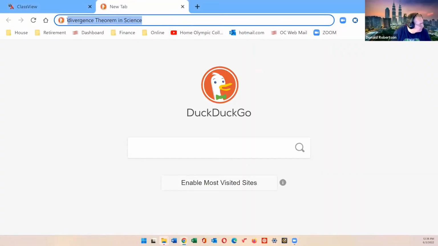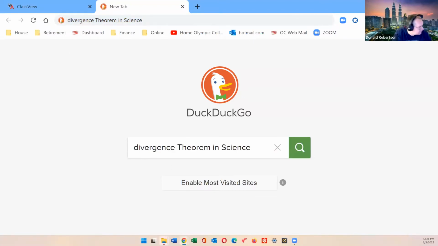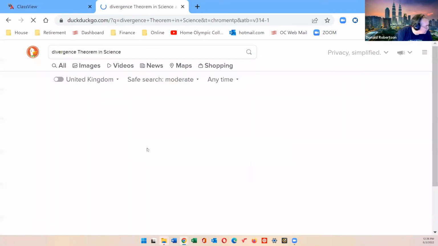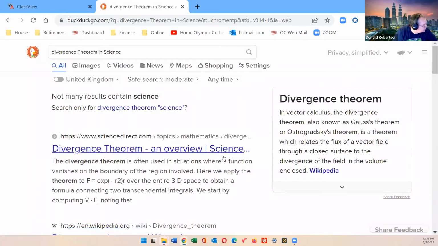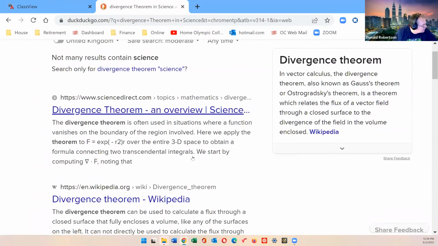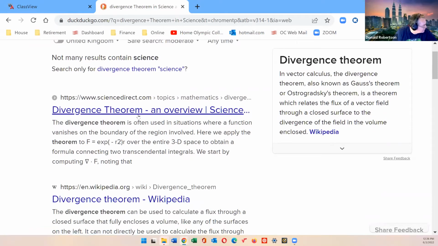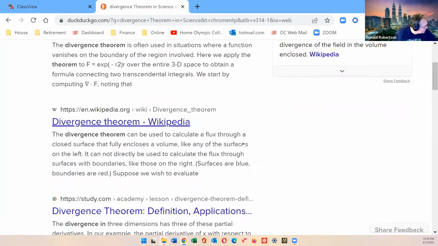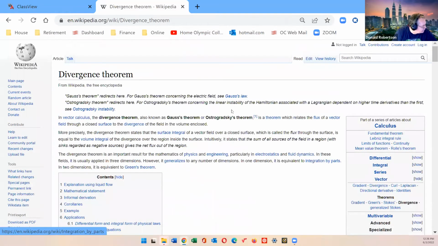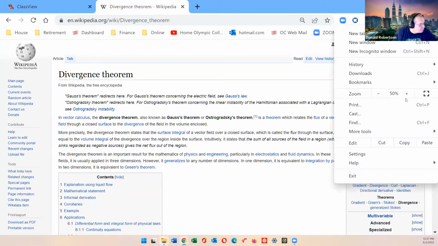Divergence theorem in science. Put it in here then. And go for it. That doesn't work. Maybe this. Let's see. I want to see if I can find why you would want to do it.